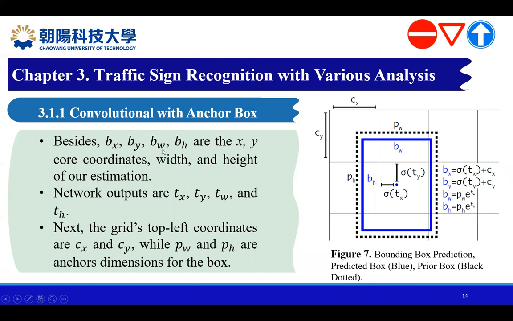Px, Py, Pw, Ph are the x and y coordinates, width and height of our estimation, and the network outputs are Tx, Ty, Tw, and Th. The grid's top left coordinates are Cx and Cy, while the Pw and Ph are the anchor dimensions for the box. So we use this setting calculation for our anchor box.